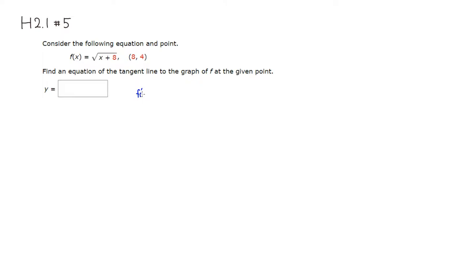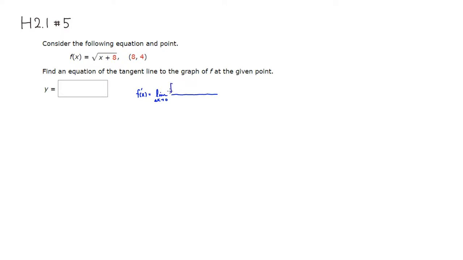So f prime of x is equal to the limit as delta x approaches 0. Now we have to put in f of x plus delta x. So here's the formula: we need to replace x by x plus delta x.